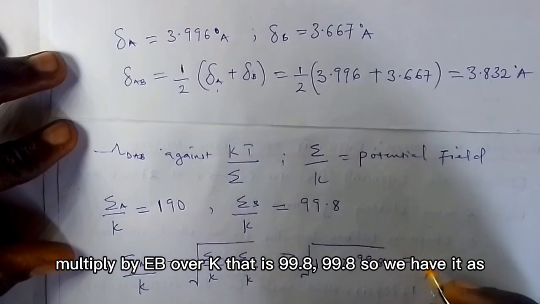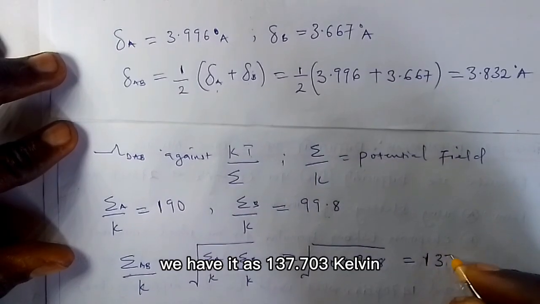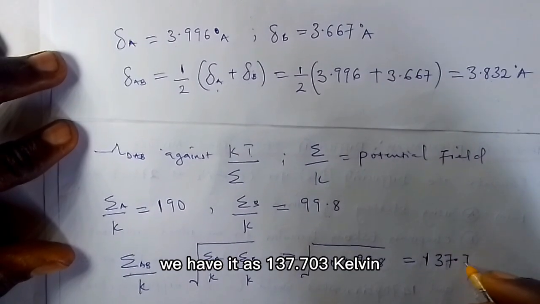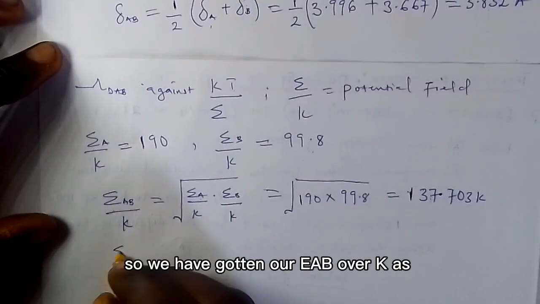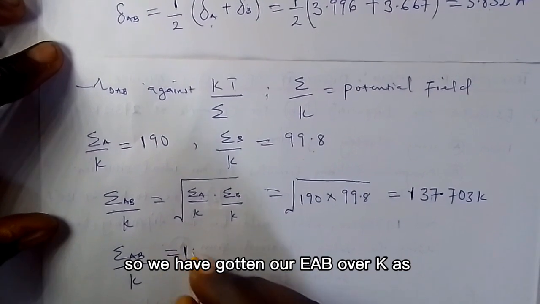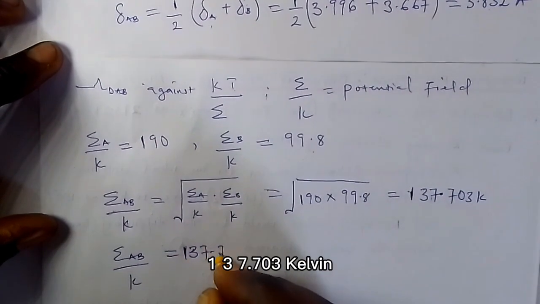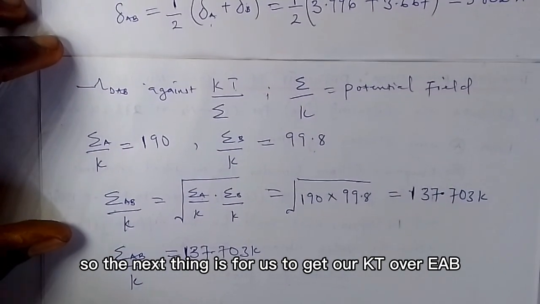So we have it as 137.703 Kelvin. So we have gotten our EAB over K as 137.703 Kelvin.